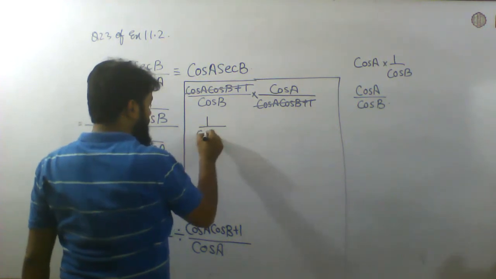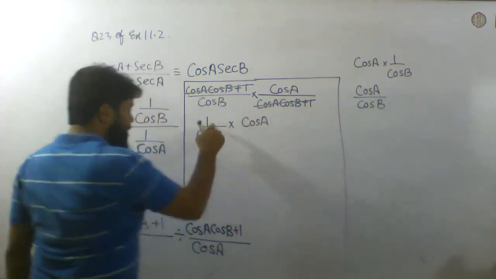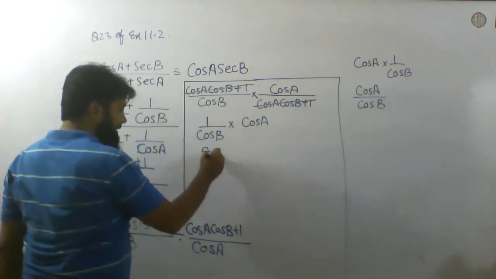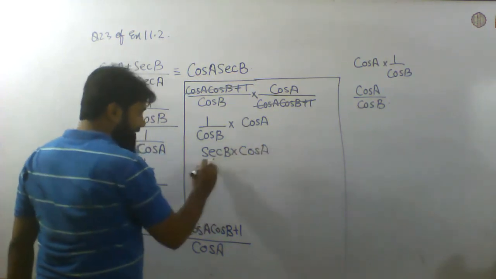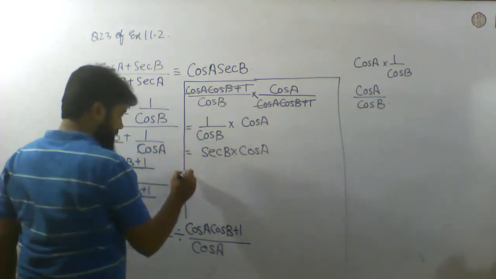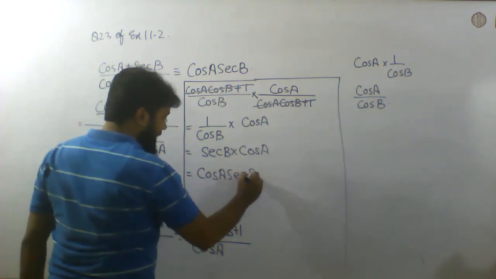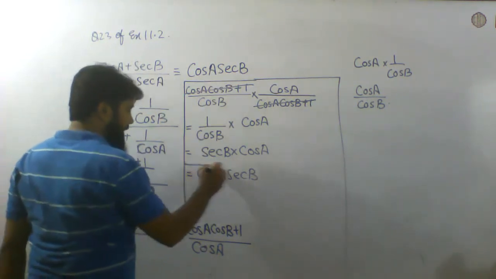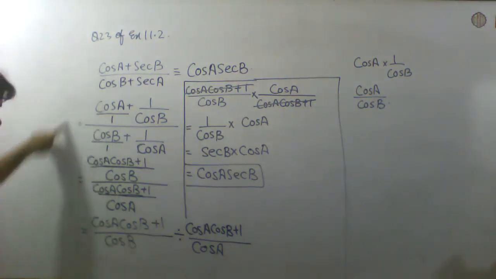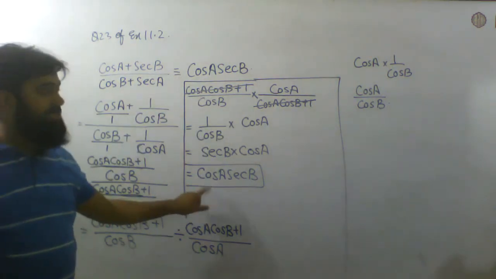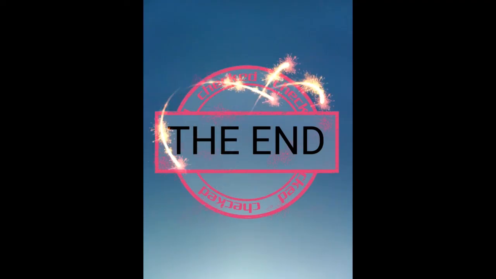So 1 over cos B into cos A. Now 1 over cos B I can write as sec B into cos A. When I change the arrangement, this becomes cos A sec B, which was the required part which I had to prove. So I started from the left hand side, and this is the ending. That's your final answer.